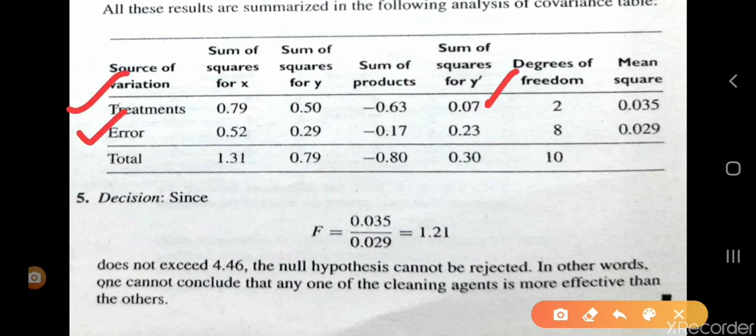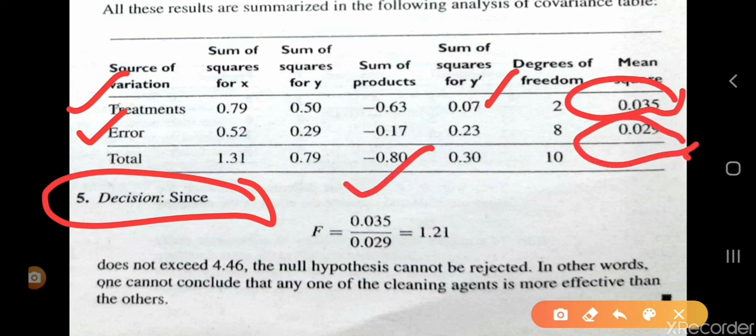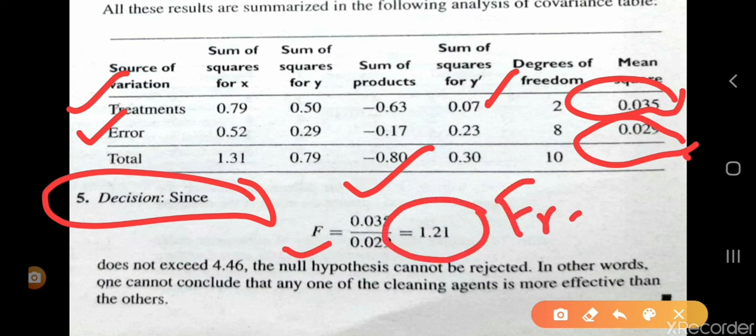Correct? So finally the F ratio will be mean sum of square for treatment divided by mean sum of square for error. So 0.035 divided by 0.029 is 1.21. So this is the F ratio. We have seen our decision criteria was based on F ratio and critical value.